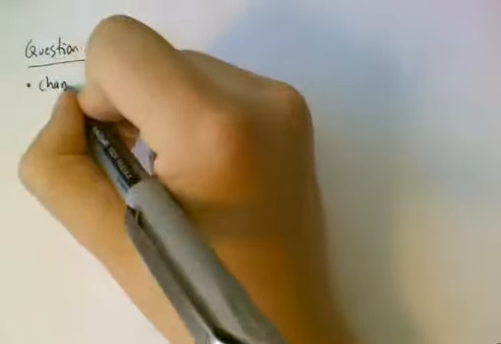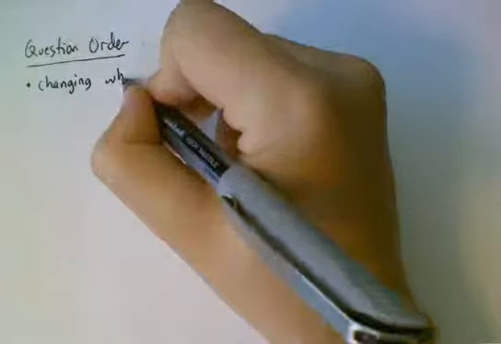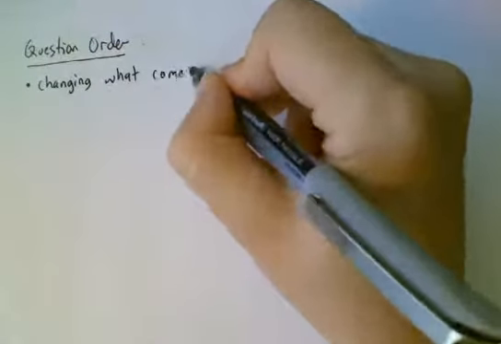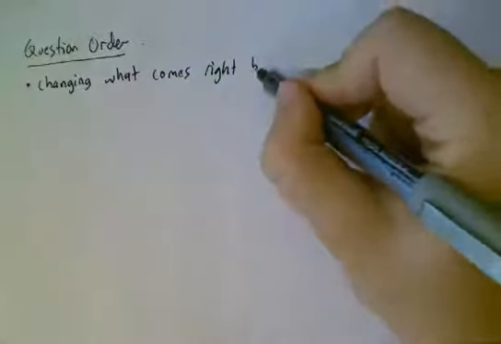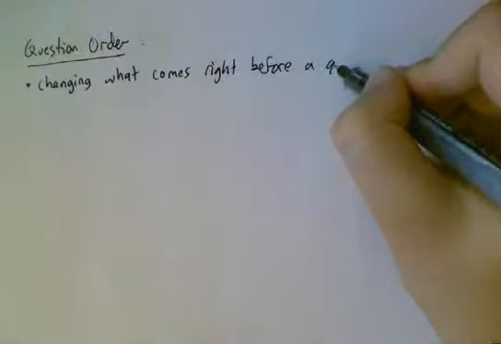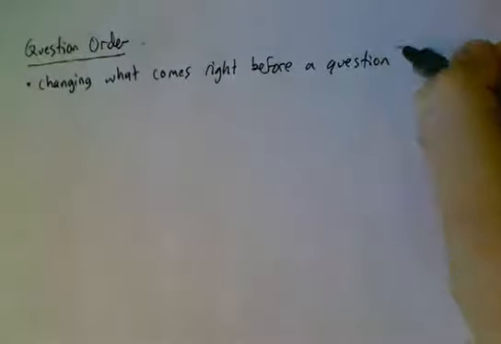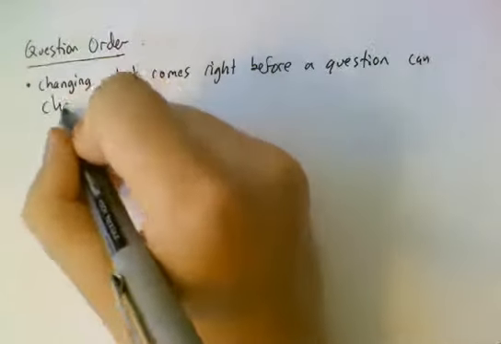The third and last question wording effect that we're going to go over is question order effects. So question order effects simply means changing what comes right before a question can change how people respond to it.